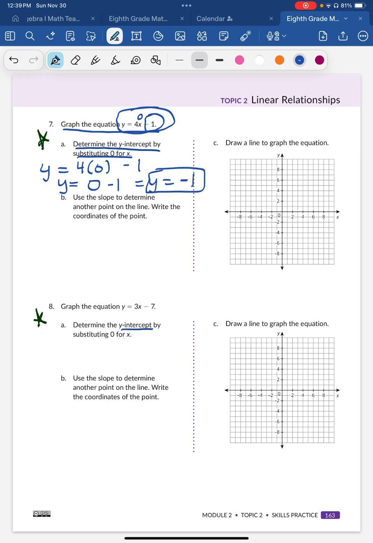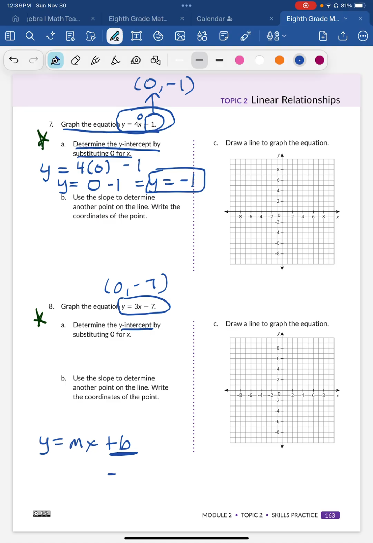But we already know just by looking at it that the y-intercept is -1. What about this one? The y-intercept for this one would be 0, -7. And just to be clear, this would be 0, -1. So I just want to show you those. If we're looking at an equation and it's already in this type of format, this right here is going to be our y-intercept.